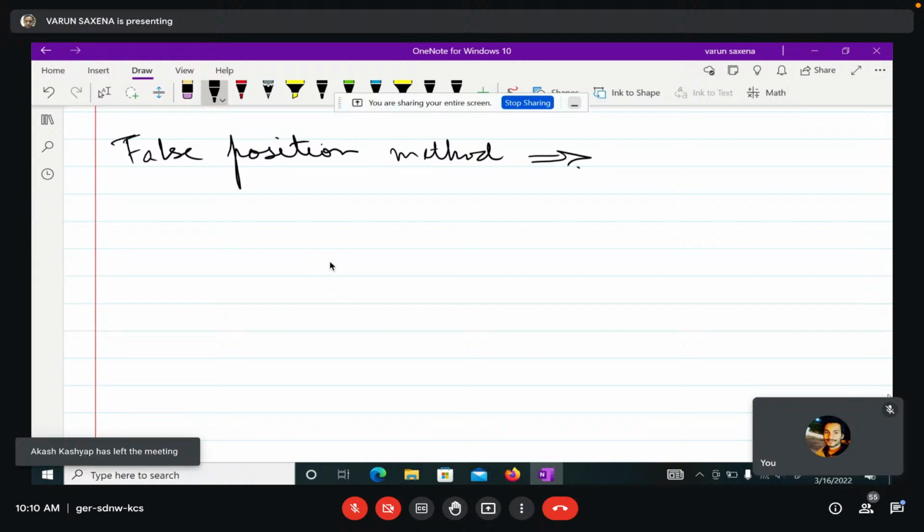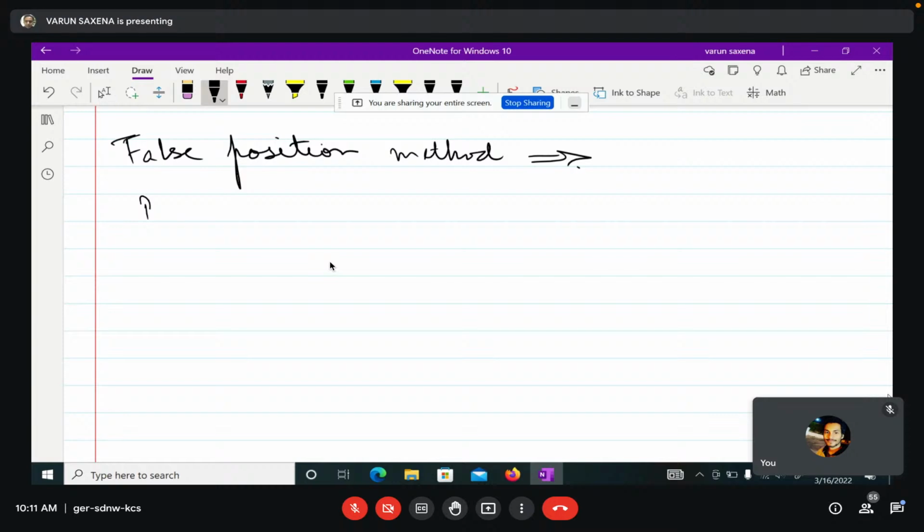Now, false position method is the second method that we are doing to solve these nonlinear polynomial or transcendental equations. Though bisection method always converges, it is a slow convergence. It is said that false position method is slightly faster. It also always converges to a root, but it is faster than bisection method.